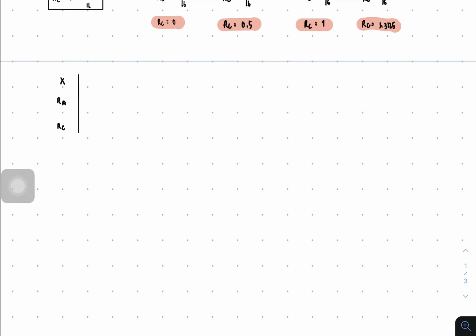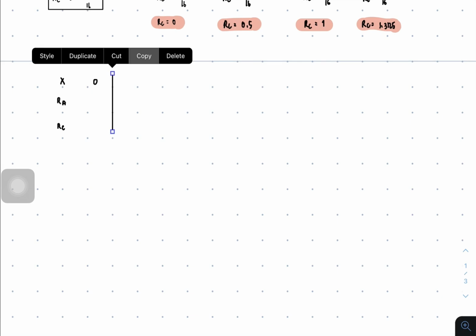So if that's the case, when X is equal to 0, and then next, can I just delete this? And let's just copy this one.